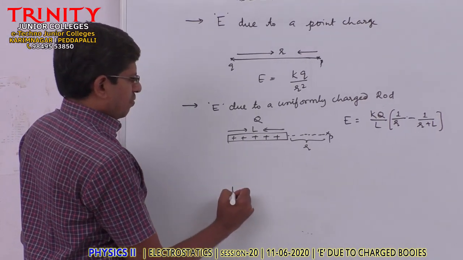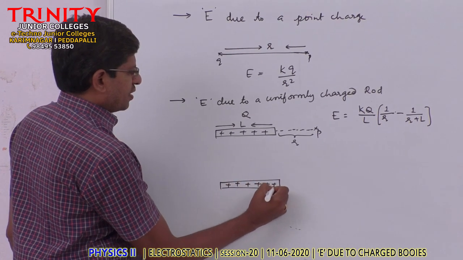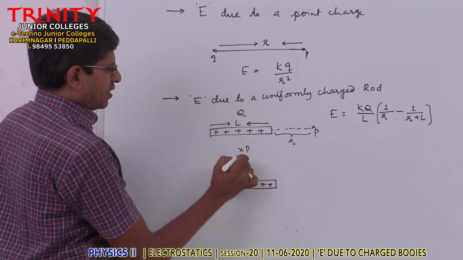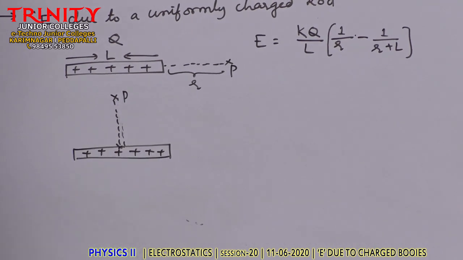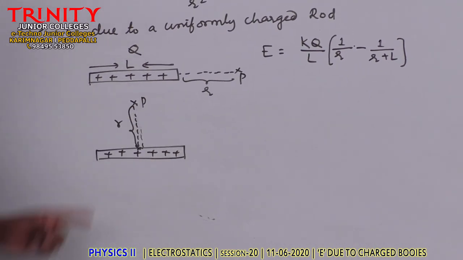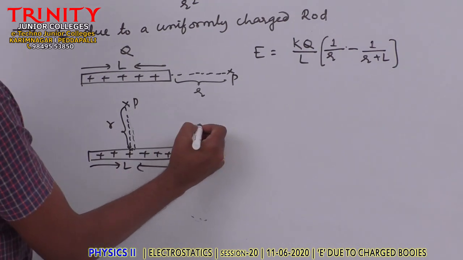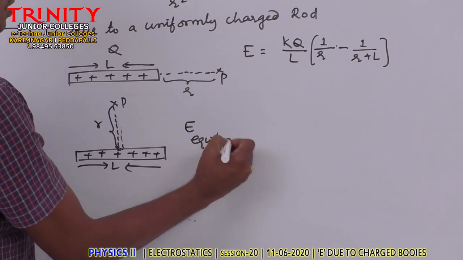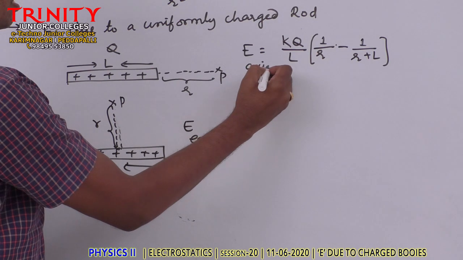And one more concept we undertook here is that the point is on the bisecting line, the equatorial line, exactly at the middle, at some distance R. The length is L and the charge is Q. Let me write here: this is on the equatorial line, and the earlier one was on the axial line.